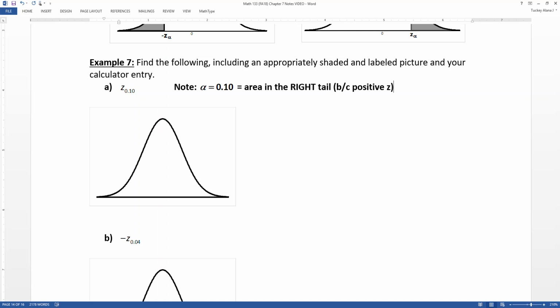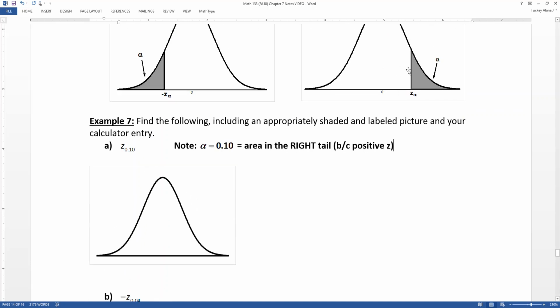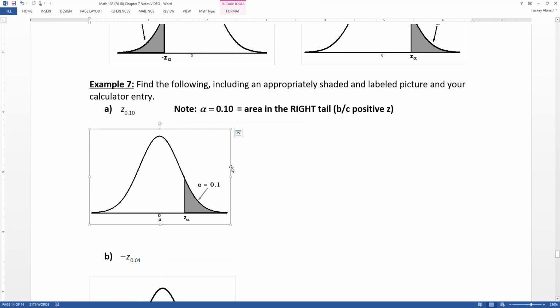So since it's a positive z, I'm looking for the area in the right tail. So I'm going to draw a picture that looks a lot like this picture up here. One second. There, I've labeled my area as alpha, which is 0.10. I've got my z, which is that vertical line, and just a little reminder that mu is 0, which is in the middle. So now I want to find that value, that z-score.